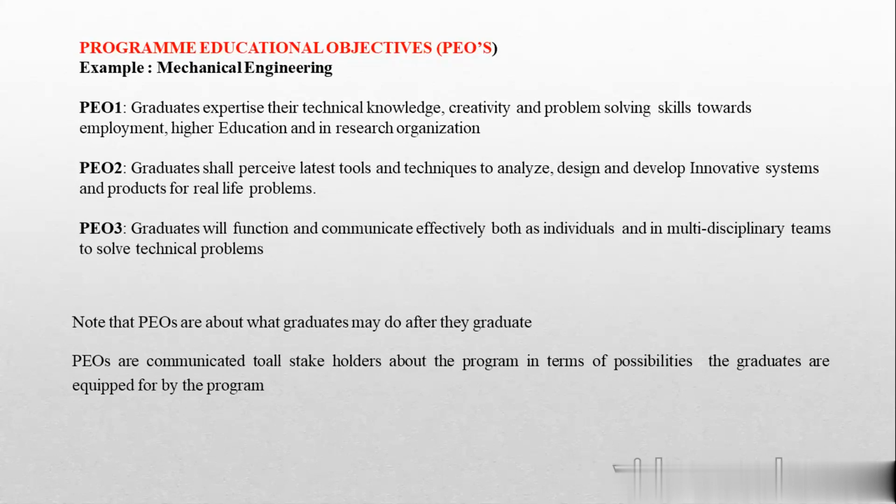We need to frame certain questions related to this PEO1, like how far they have acquired the technical knowledge in the college, how much creativity has been imparted to them, and what are their problem solving skills towards employment or higher education, etc. We need to frame those questions, take the responses either directly or indirectly, and see that attainment of PEO1 is achieved. This is when the student leaves the organization, and we take the assessment of PEO1, 2, 3, after 1 or 2 years.